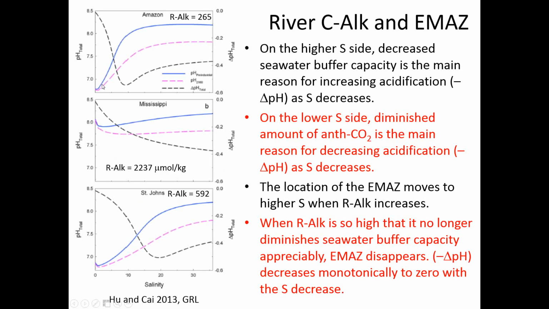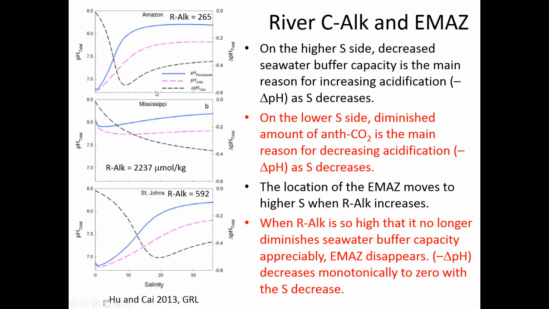This is Amazon pH in the mixing case, pH before oxygen consumption, anthropogenic CO2, and this is at 2100, and this is pre-industrial, and the difference is shown here. This is Amazon, and you can see this minimum buffer capacity zone or maximum acidification. Again, this side is because of the decreased buffer capacity, and this side is the decreased anthropogenic signal.